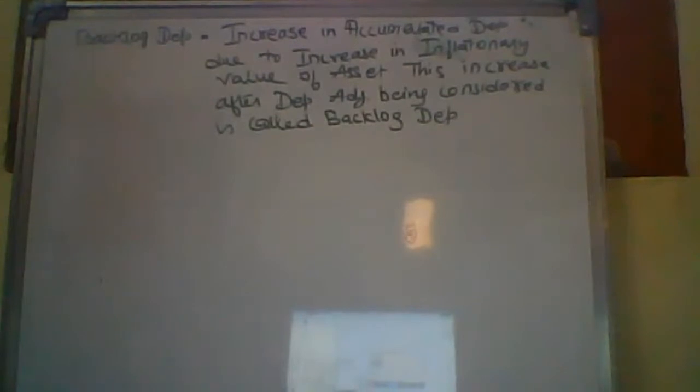Backlog means something which is pending, so this amount is yet to be done. That is called backlog depreciation. Okay, so what are the things to be calculated by me now? What should I do for calculating backlog depreciation?